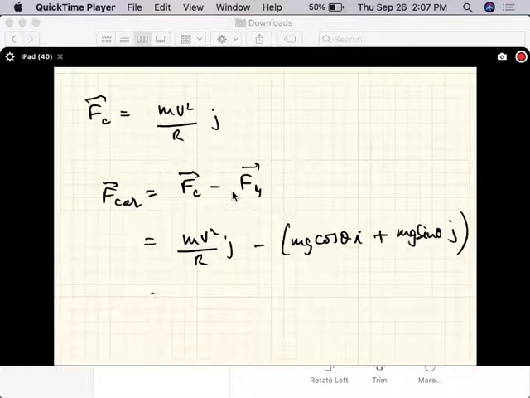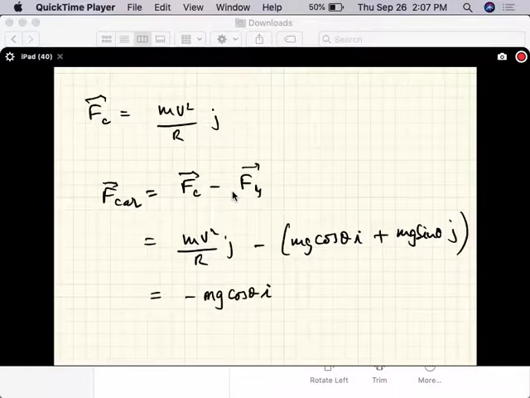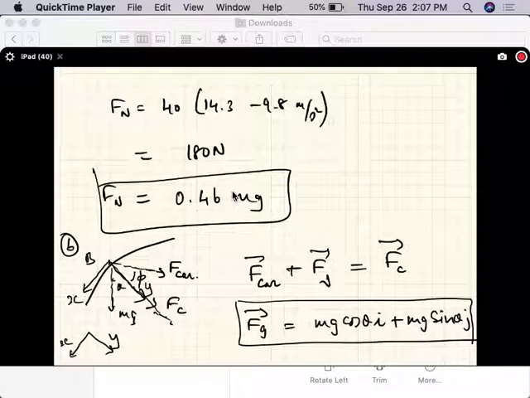It's got a negative x component because our x-axis was drawn in this direction.